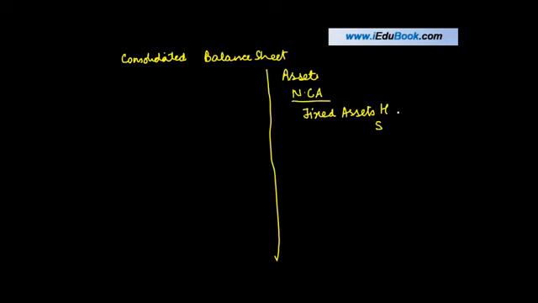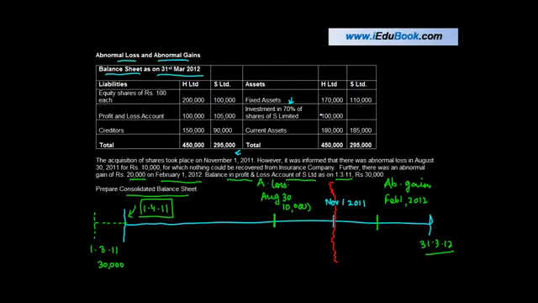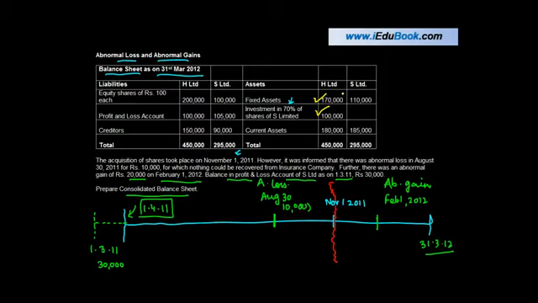H is 170, S is 110. Total is 2,80,000. Then you have the investment. These will go to my cost of control. Investments 1 lakh. Right? So I'm done with this, done with this.